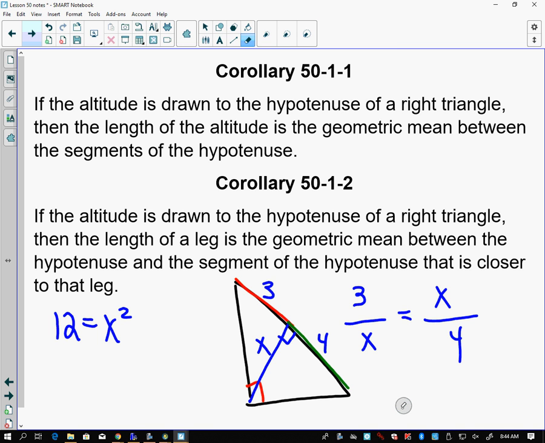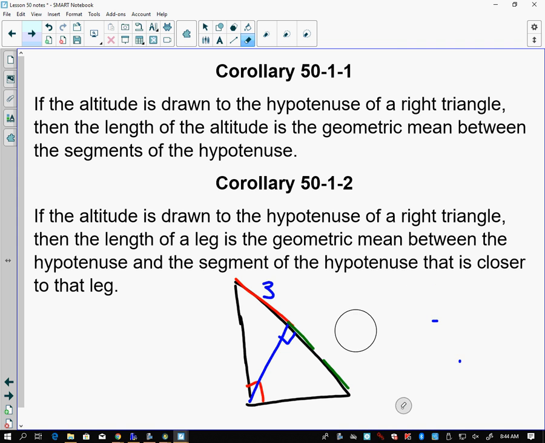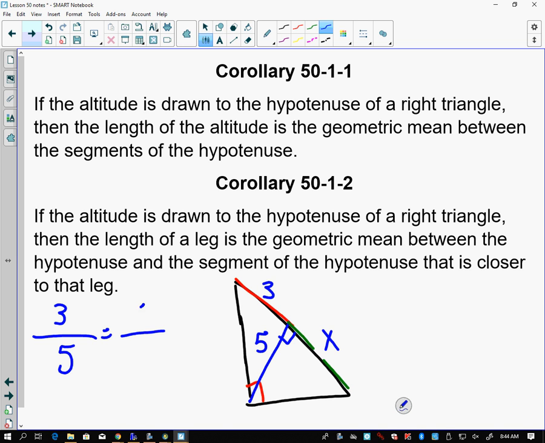But sometimes I might know different parts of the information. I might know what the geometric mean is without knowing what one of the lengths of the segment is. I might know that this is 5, but not know what that is, in which case my proportion becomes 3 over 5 equals 5 over x.